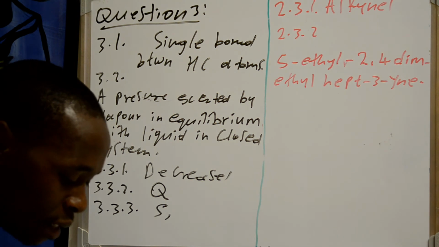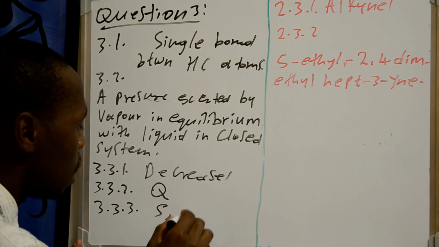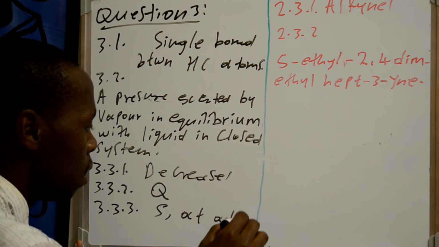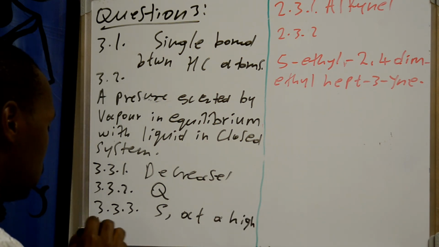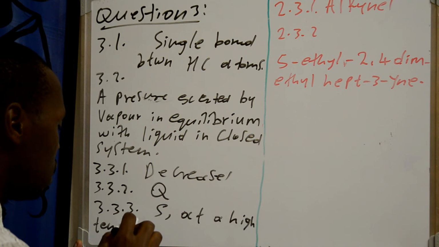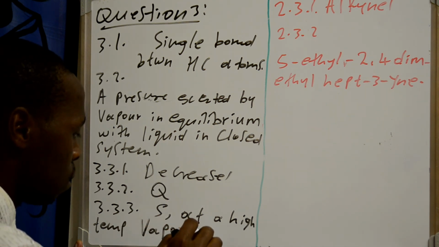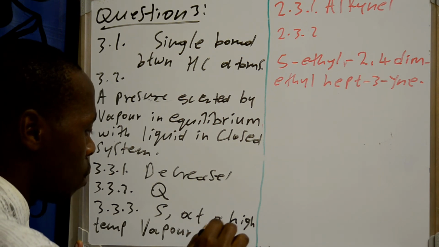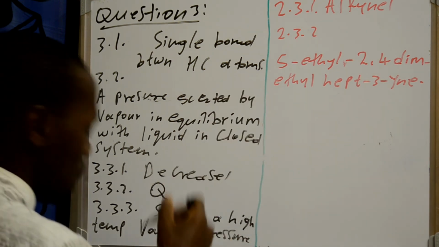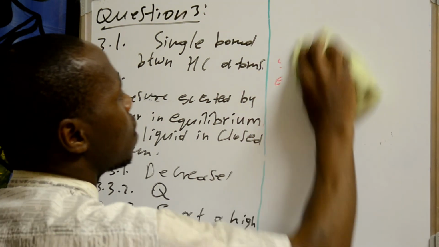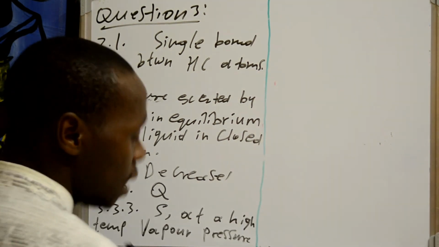Here you are given temperature. At a high temperature, the vapor pressure is very low. We have low vapor pressure according to the graph. So we are taking that information.